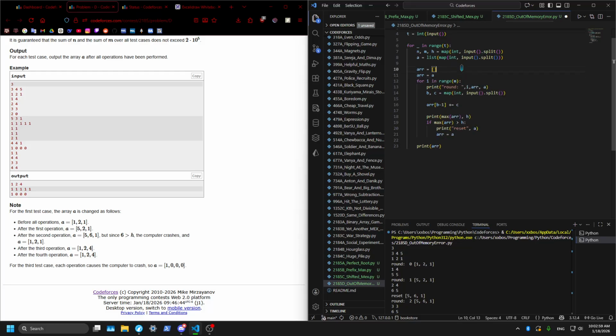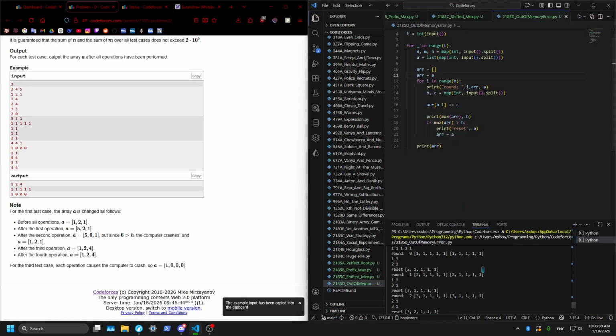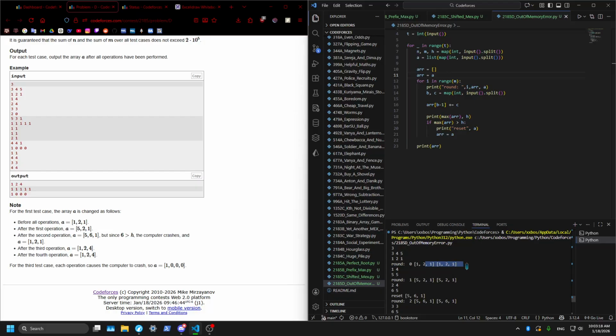Like define R first and then does this do anything? Nope. It's storing the reference of A, right?